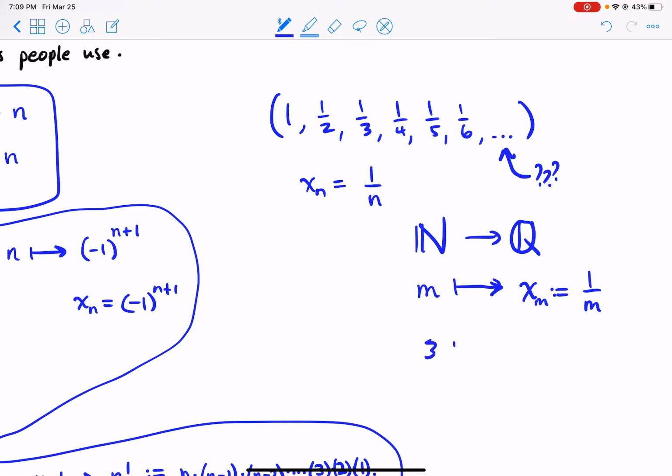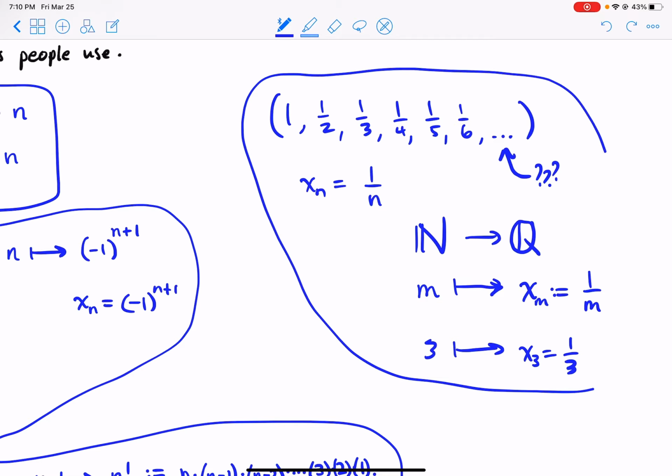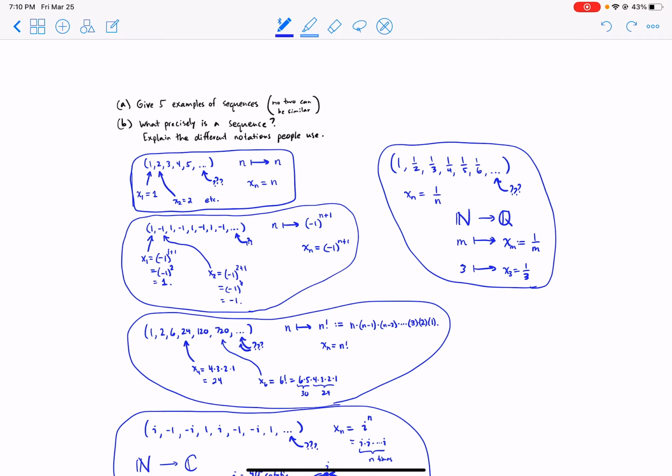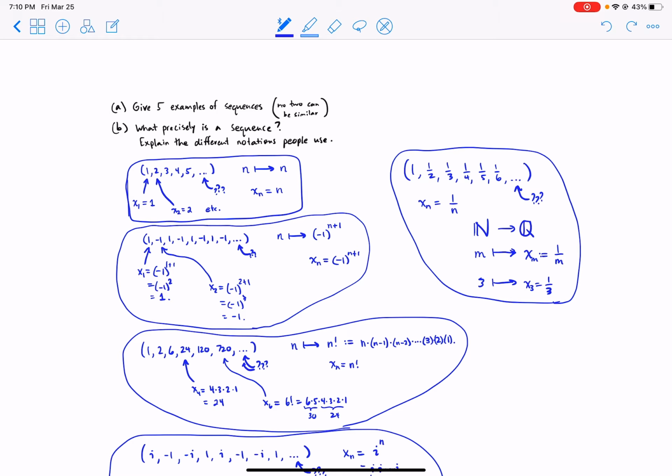So for example, 3 gets sent to x sub 3, which is 1/3. There it is. So I chose a different name for my index. And good. That is part A. All done.